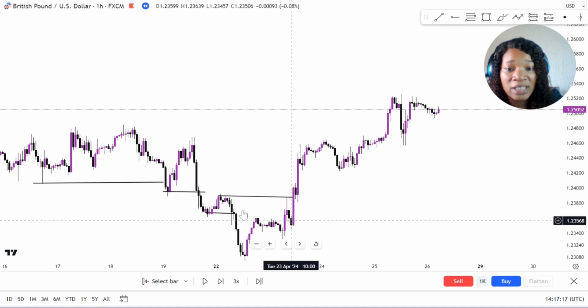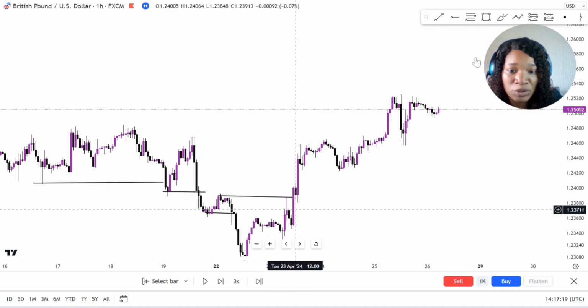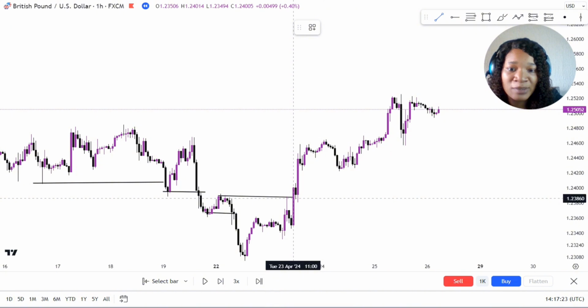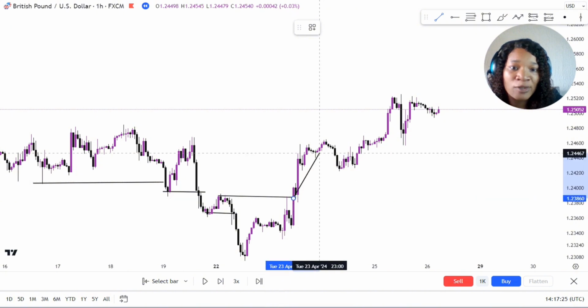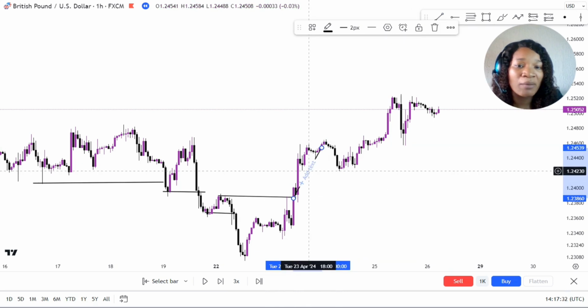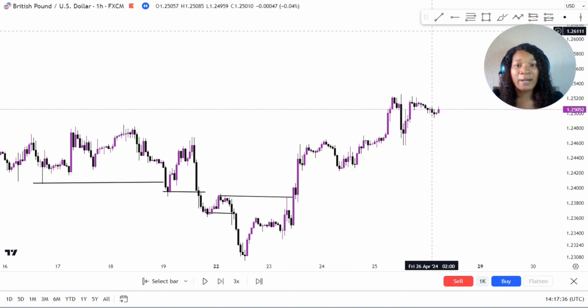Now some other traders would have started looking for buy opportunities from here, from the moment price breaks this. Some would wait for price to come back and at least give them other confirmations that it is now buying, no longer selling. So they will be looking for a break of structure now to the upside.